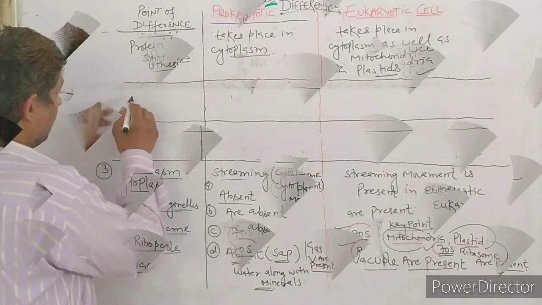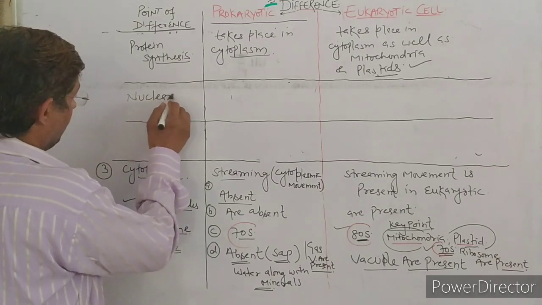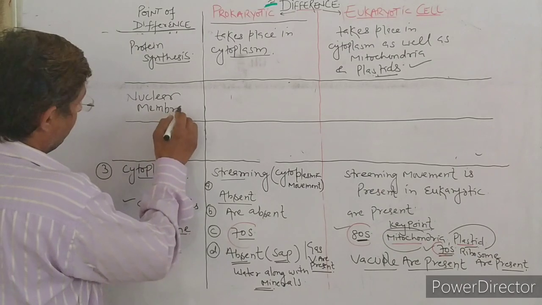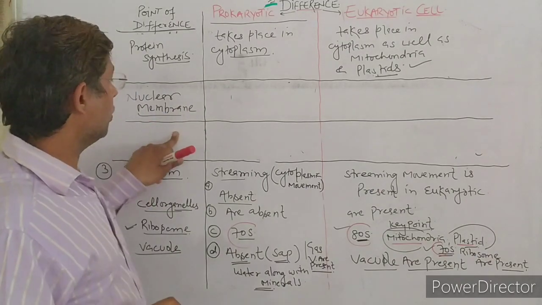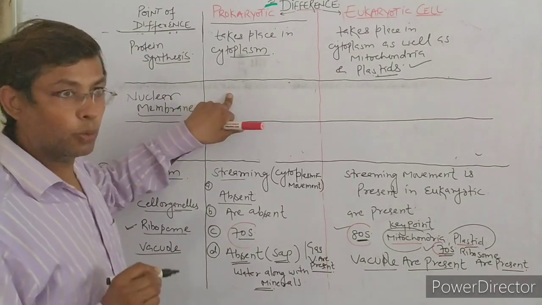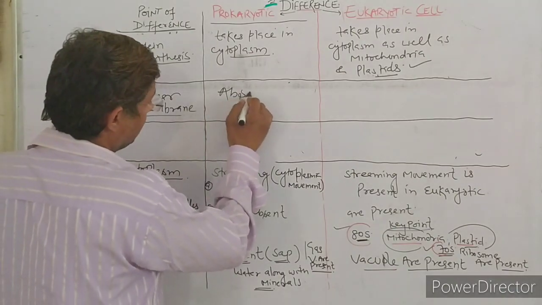Then the nuclear membrane. You know, the nuclear membrane is absent in prokaryotic cells.